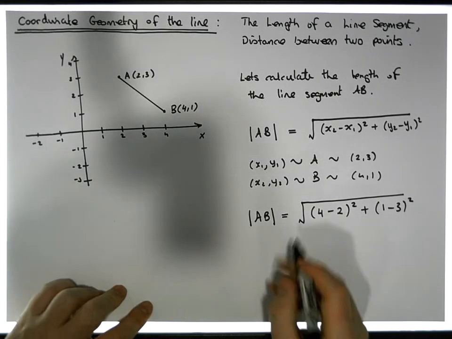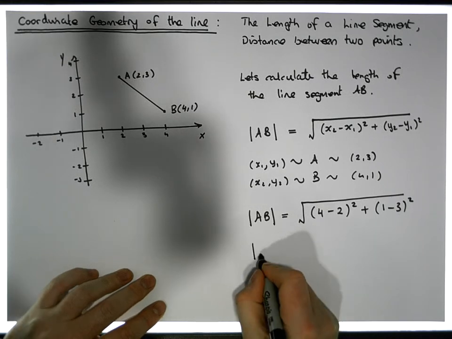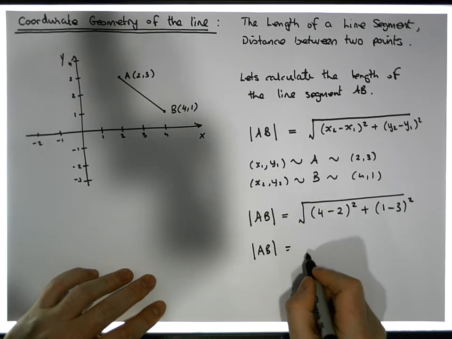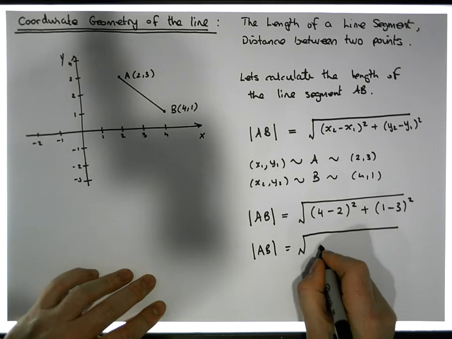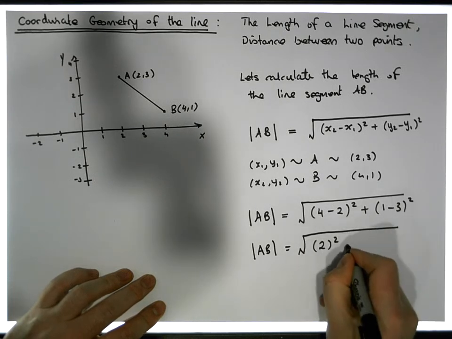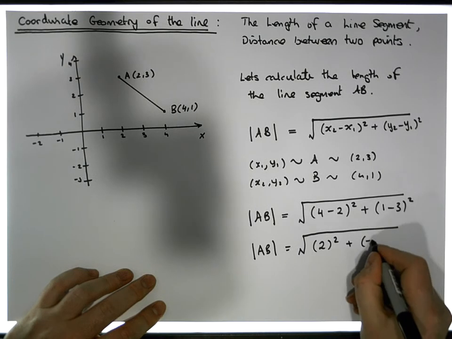Just keep an eye on your signs here. So the length of AB is the square root of 4 minus 2, which is 2, squared, plus 1 minus 3, which gives us minus 2, squared.